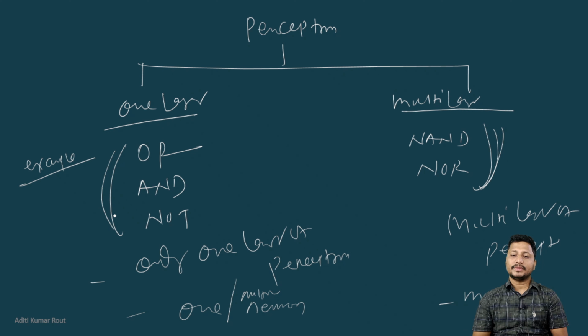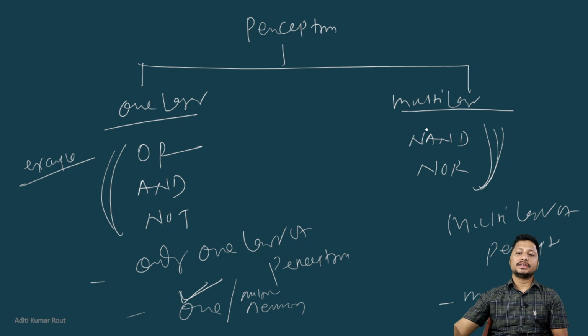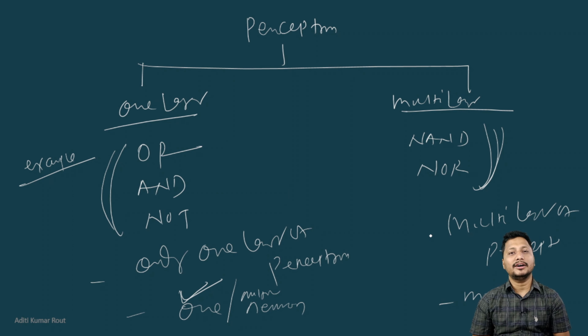But in most cases it's basically one neuron only. In case of multi-layer, we definitely need multiple neurons to implement this. So this is the beauty of artificial neural networks, and how we implement them using the concept of perceptron.